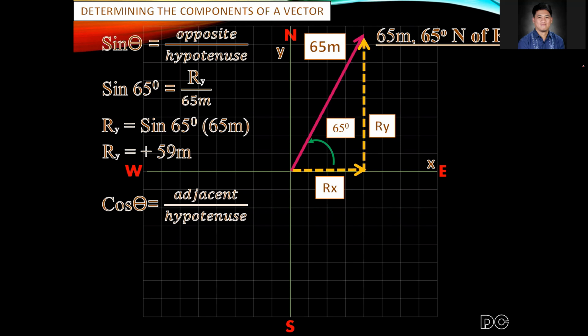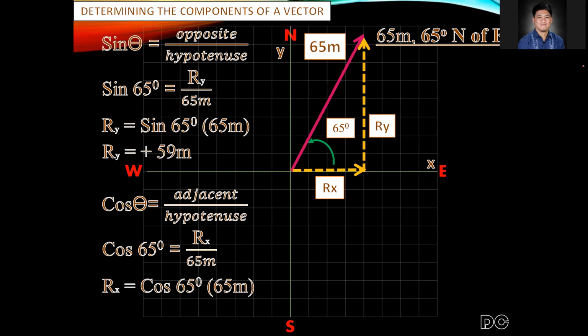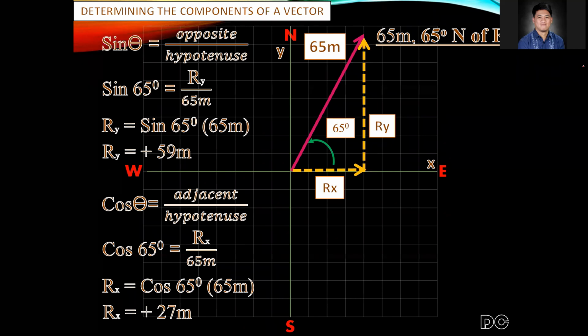Since the adjacent side is the x component, we will use r sub x as our adjacent side and 65 meters as our hypotenuse. So r sub x is equal to cosine 65 degrees times 65 meters. So r sub x is now equal to 27 meters, positive because the x on the first quadrant is also positive.